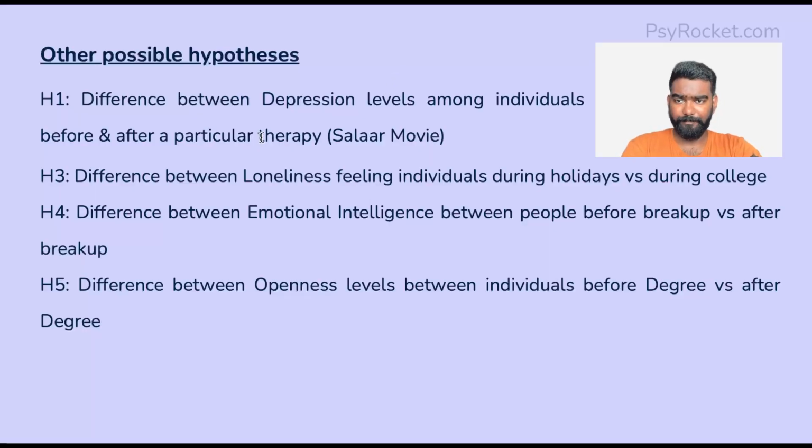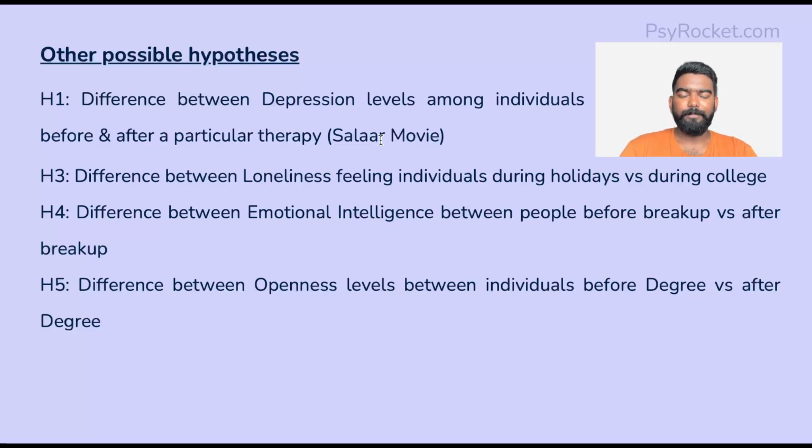Suppose, see, you want to check whether depression levels among individuals change before and after a particular therapy. What you will do, you will give them a Beck Depression Inventory or any depression questionnaire to measure their depression levels before going to therapy.